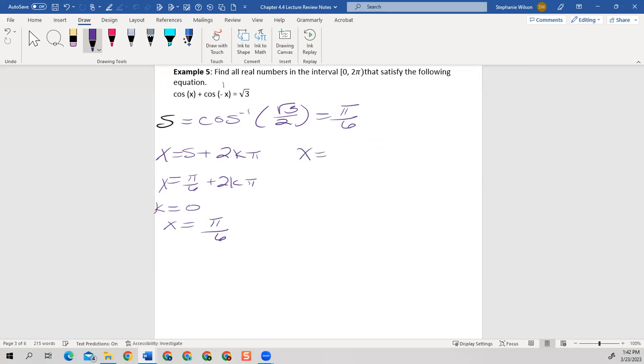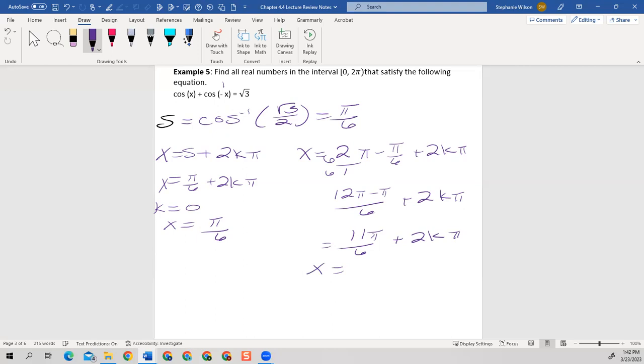This next side, we have 2 pi minus pi over 6 plus 2k pi. We have to have a common denominator, so now I have 12 pi minus pi divided by 6. So now 11 pi over 6 plus 2k pi.